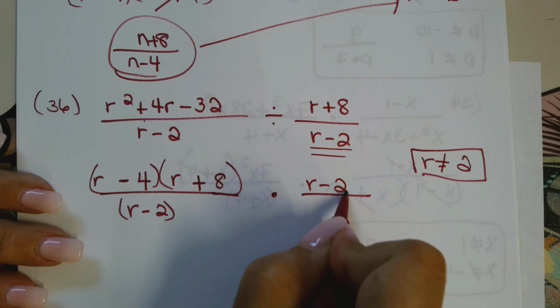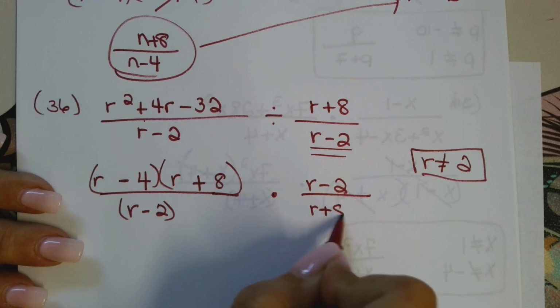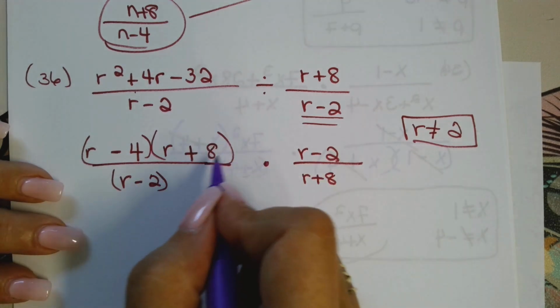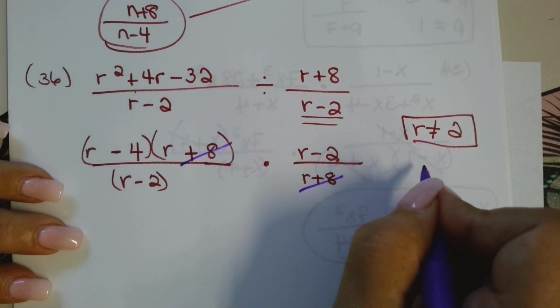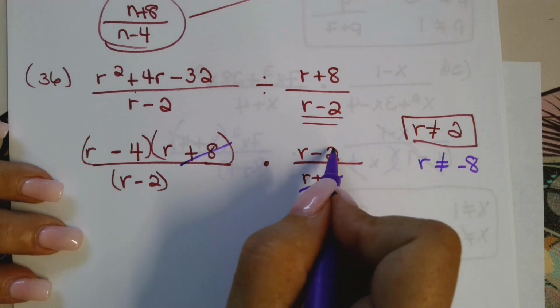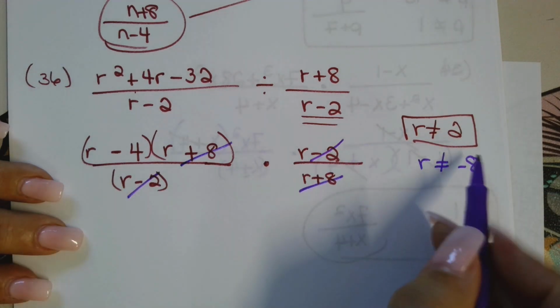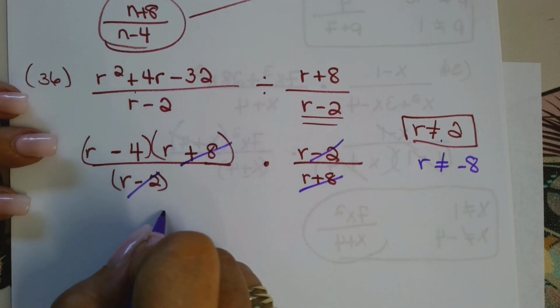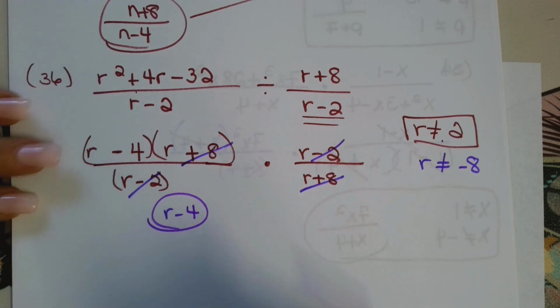So r minus 2 goes here, r plus 8 goes there. We're going to cancel now. This goes away, that goes away. So r cannot be negative 8. R minus 2, we already have r cannot be 2. And for 36, you're left with r minus 4.